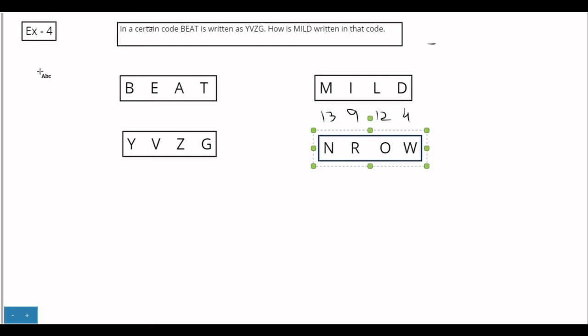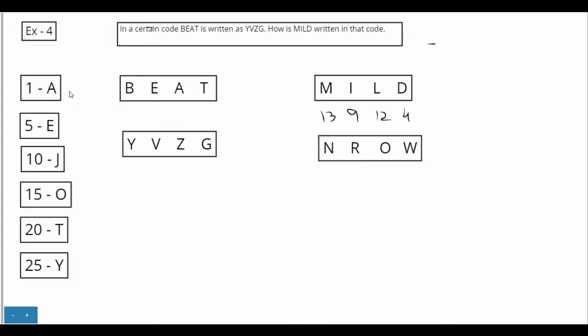Also, I had one more thing to tell you before we go to the next one. For us to actually click that B is second from the first and Y is second from the last, we need to know the numbers of the corresponding alphabets thoroughly. For that, I have a little tip for you guys. You don't need to memorize every single letter.